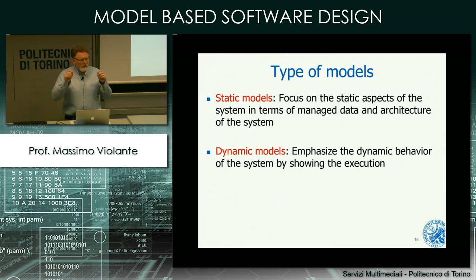We don't care about what is inside the boxes. We just have to take decisions about how we want to partition our functionality into sub-functionalities and how these sub-functionalities have to interact. This is a static model. We haven't yet assigned a behavior to each of the boxes. We are just considering how many boxes we have and how they interact.